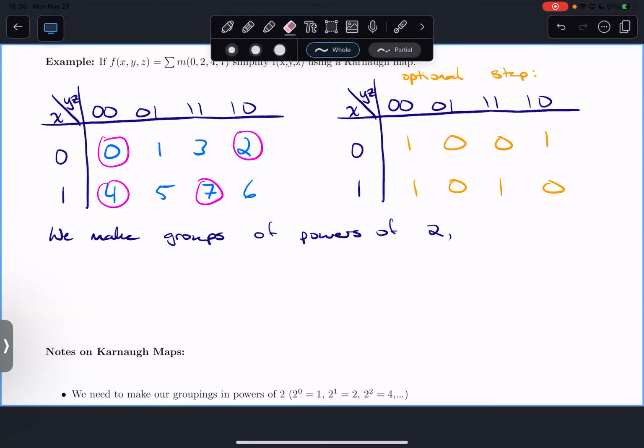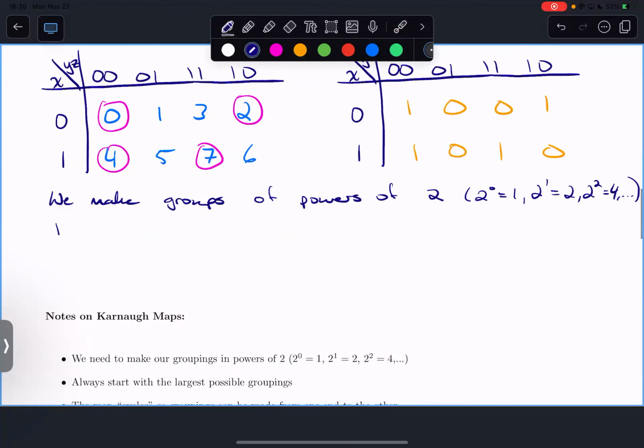So maybe things like 2 to the 0, it's down here, but I'll just write it here. 2 to the 0 is 1, 2 to the, oh, sorry, skip 1. 2 to the 1 is 2, 2 to the 2 is 4, etc. So we make groups of 2 or some order of 2, trying to make groups as large as possible.